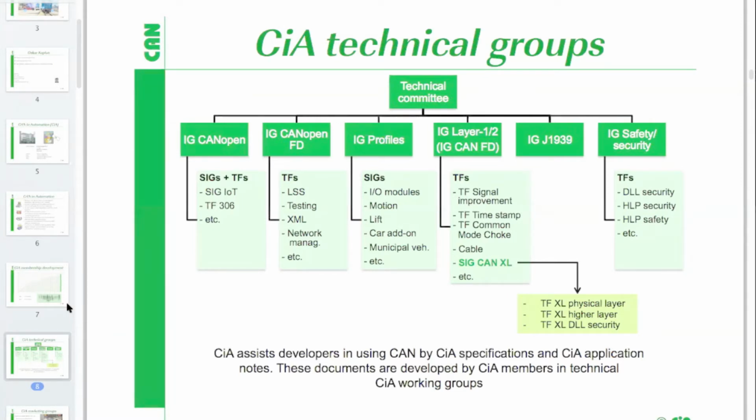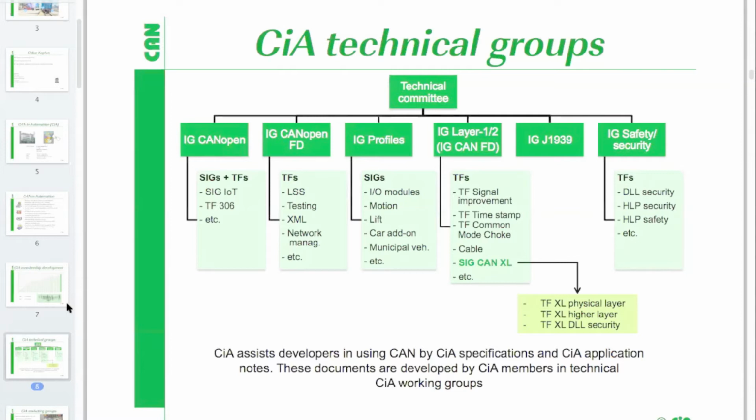The topic of today is CAN in Industry 4.0. This is more industrial application and rather IoT-related, which you can see on the far left piece of IG CANopen and profiles, where we design this specification.